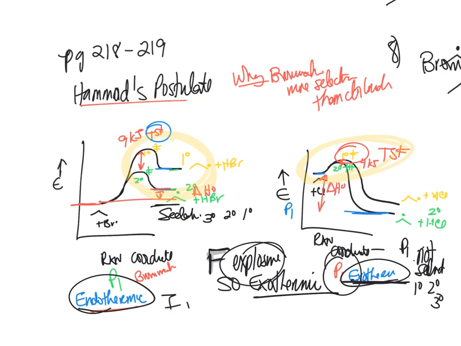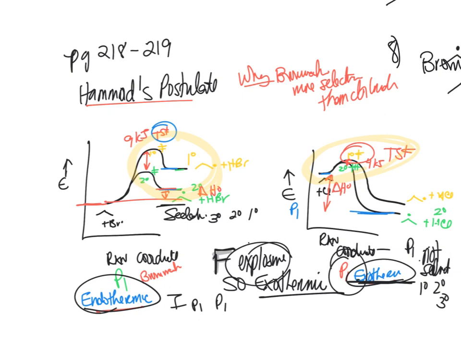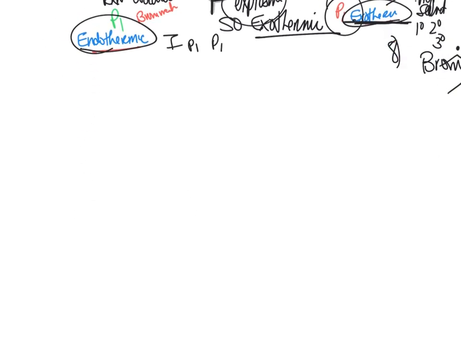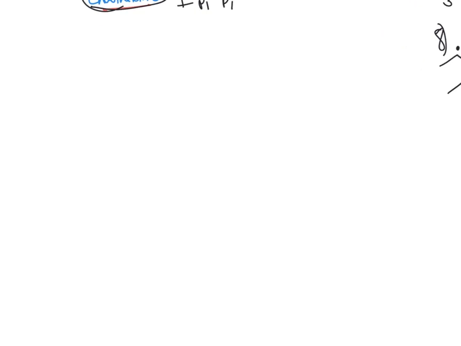Iodination, P1 of iodination, and you can do those bond dissociation energies for P1, and you will see, in fact, I'm going to add that on there. I want you to do this exercise, and I want you to see that iodination is very endothermic. So we'll just do P1.